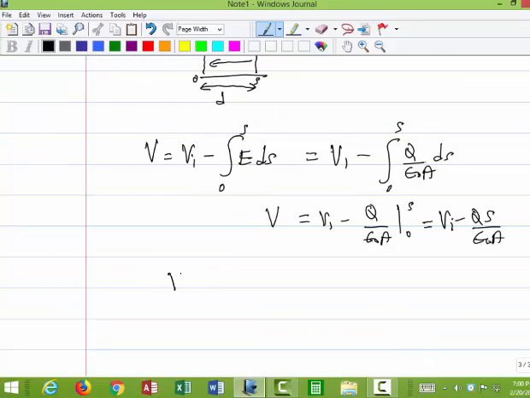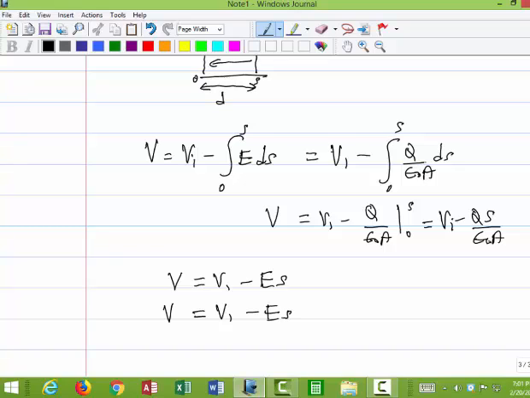Q over epsilon naught A we know is the electric field E, and S is the distance between the plates. So V is equal to V initial minus ES.